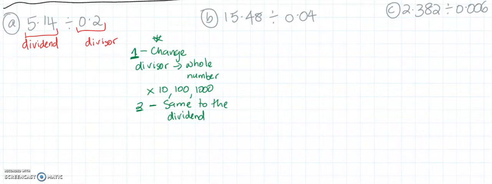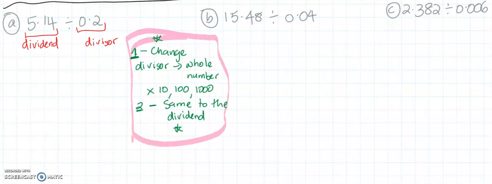We can't let them be alone, so we have to do the same deal. The reason, mathematically, is that we need to keep the balance. Just remember that those things need to be done first before we start the division.